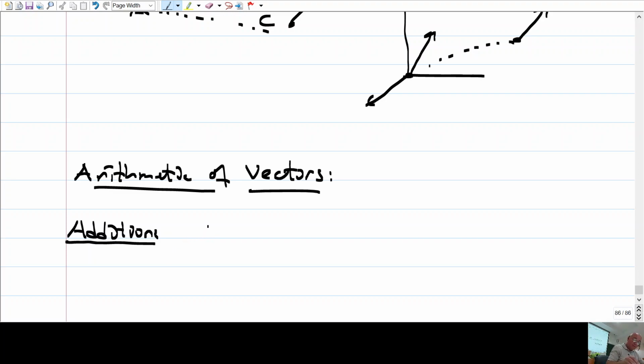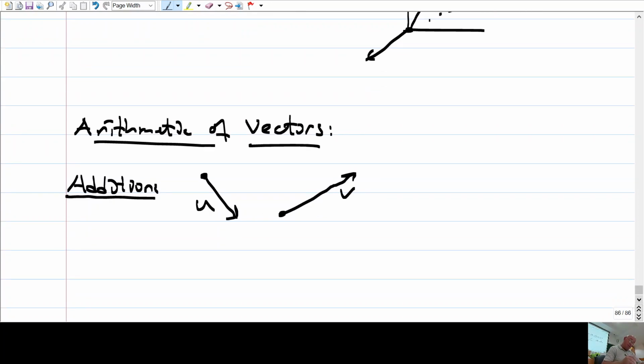Whenever you have two vectors like this, let's say a vector u, another vector, let's say v. How do we add them up? We just translate one of them so that they have the same initial point. So the initial point of this vector is this point, the initial point of this vector is this point. I just translate this vector so that they have the same initial point.